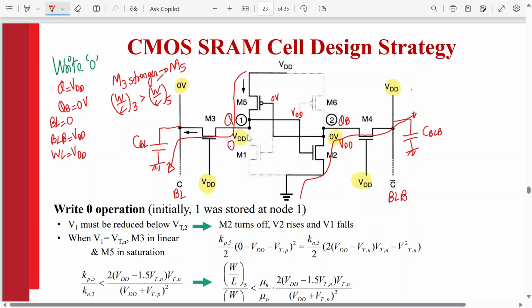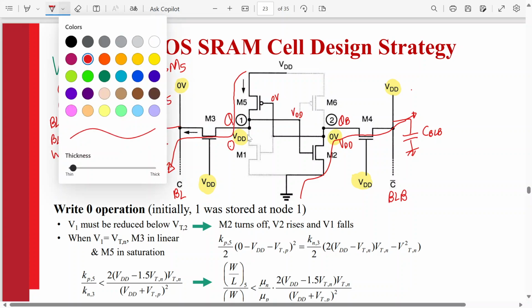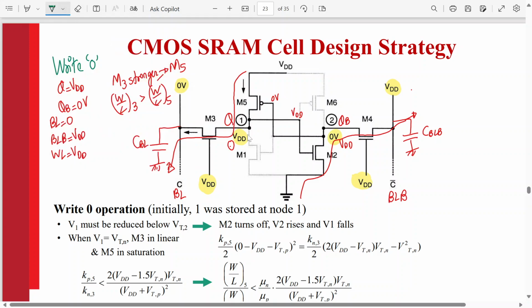But what is the condition to avoid here? What is the dangerous condition? The dangerous condition is if the voltage at Q does not fall to 0. If the voltage at Q does not fall to 0, what does that mean? No, not M5.